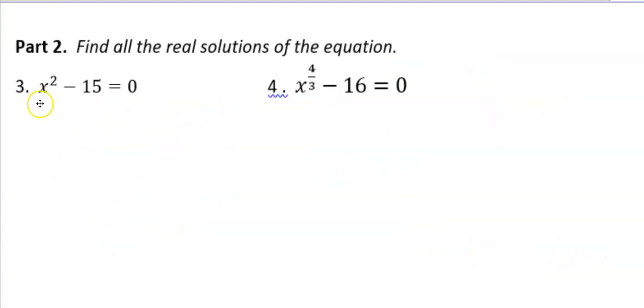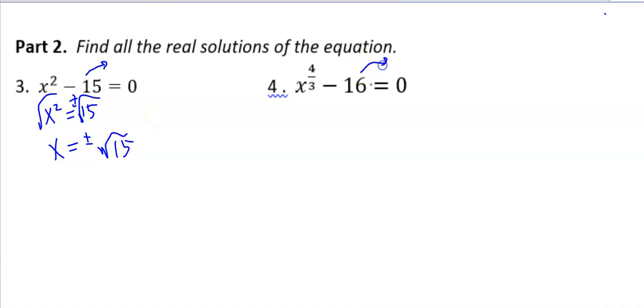Okay, so now we have a situation here with x squared minus 15. So we're going to solve the equation. If we have trouble factoring, we can just put x squared equals 15. Square root both sides, don't forget plus or minus. We get x equals plus or minus square root of 15.